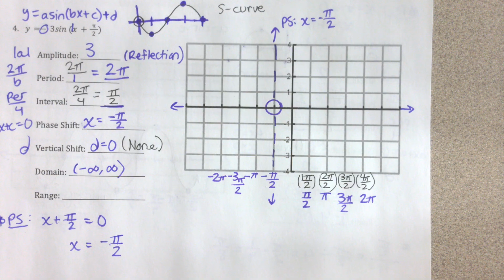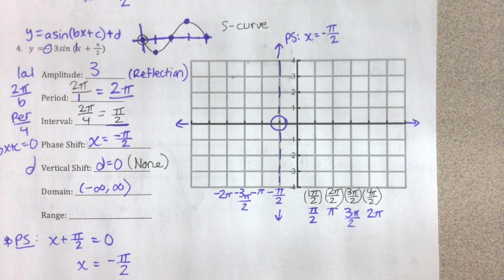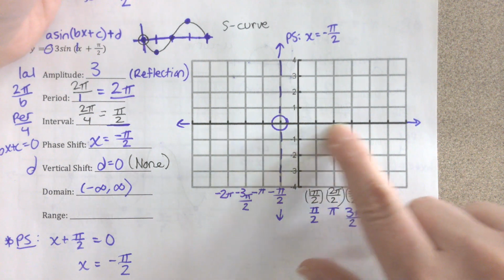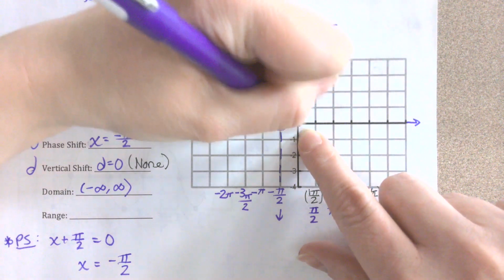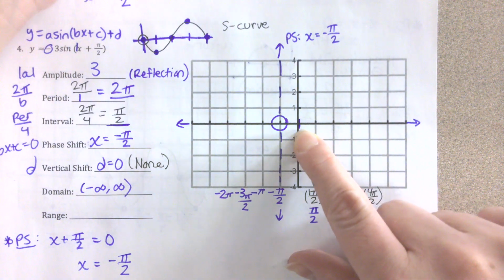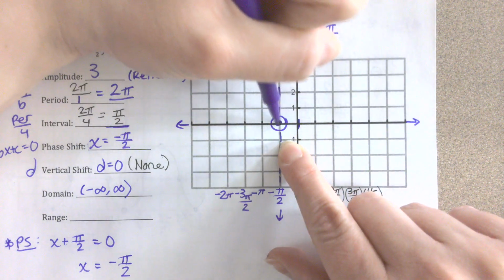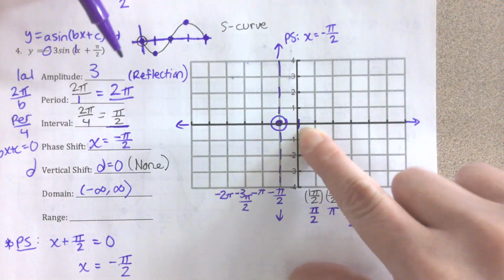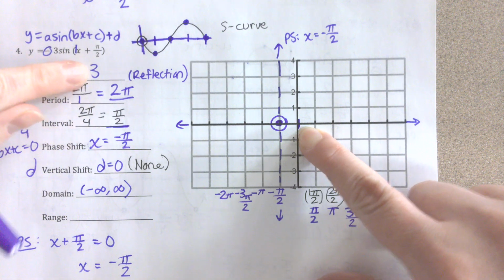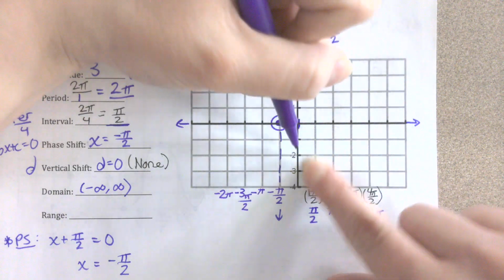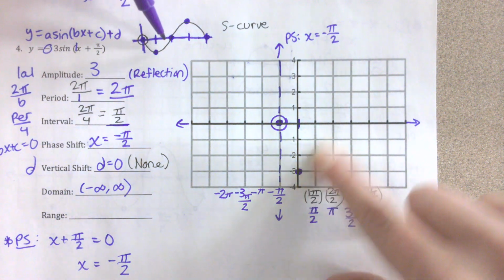From here, we'll graph our points. We're going to follow the mini graph I drew above. And the intervals are exactly where they're supposed to be already, so I don't have to worry about missing anything, although I will highlight the 0 just to make sure I don't miss it. So we're starting in the circle according to my image up there. Next interval, which is 0, we go down to the minimum, and according to my amplitude I'm going to go down 3, so that's going to put me right at -3. Next interval, we go back up to the midline.